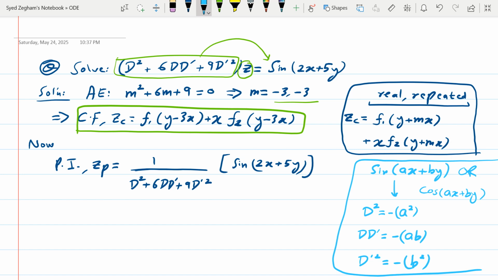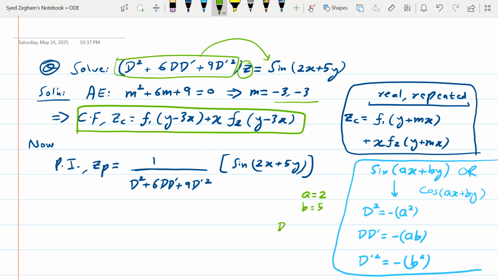Okay, so let us implement this and let us find the answer. So in this question, let us start with a and b. So a will be equal to 2 and our b will be equal to 5, right?